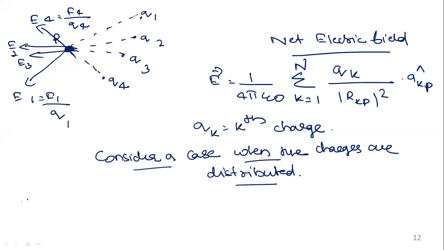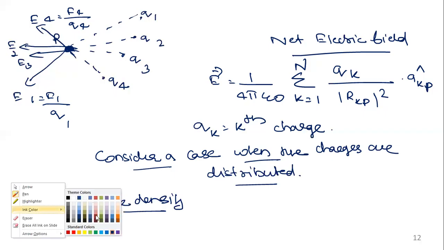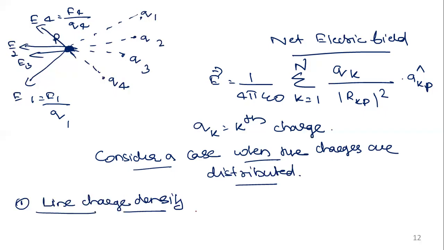So the first one is line charge density. What we have seen till now is all about point charges. Now we'll be talking about line charge. We'll consider a line here, and a small length dl.